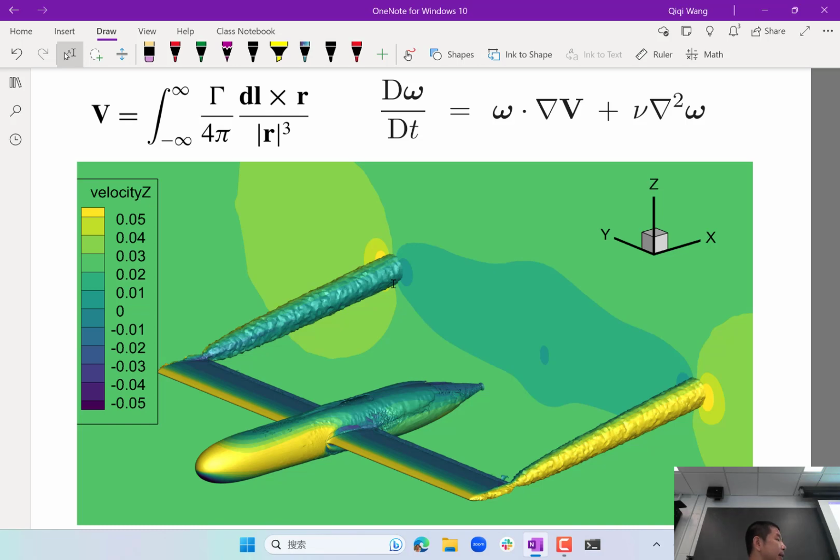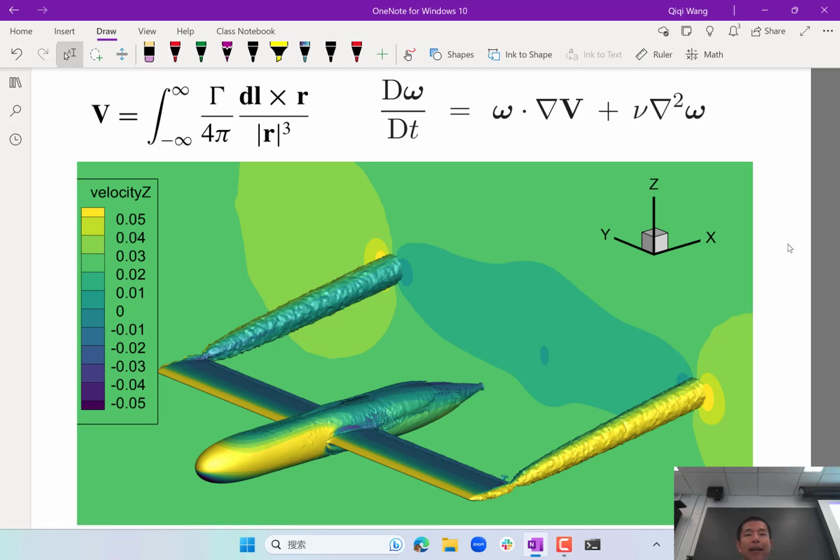If you look at the velocity gradient, it's a 3x3 tensor, right? There are 3 velocity components and 3 derivative directions, so it's a 3x3 matrix at every point in space, and that matrix has a symmetric component and an anti-symmetric component. Vorticity, by definition, is the anti-symmetric component.